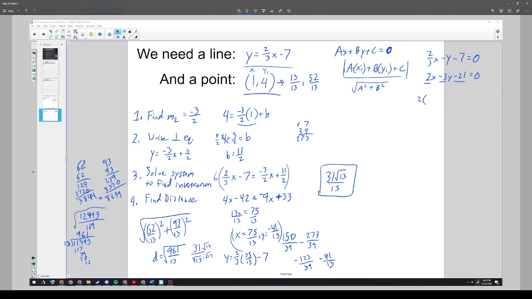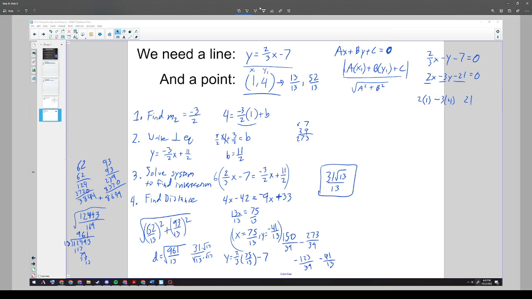So we have 2 times the x value that we're trying to get to, which is 1, plus negative 3 times 4, plus negative 21. And of course I could just write those as minus instead of plus a negative, and I'll go ahead and correct that and make this minus.